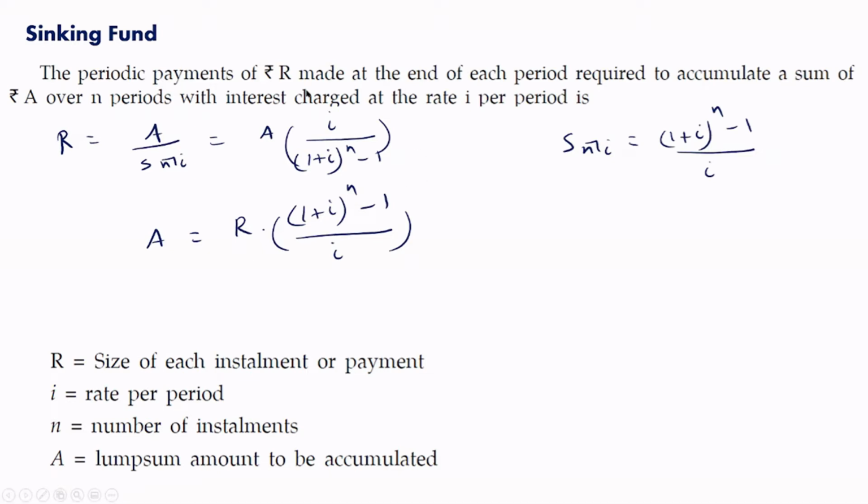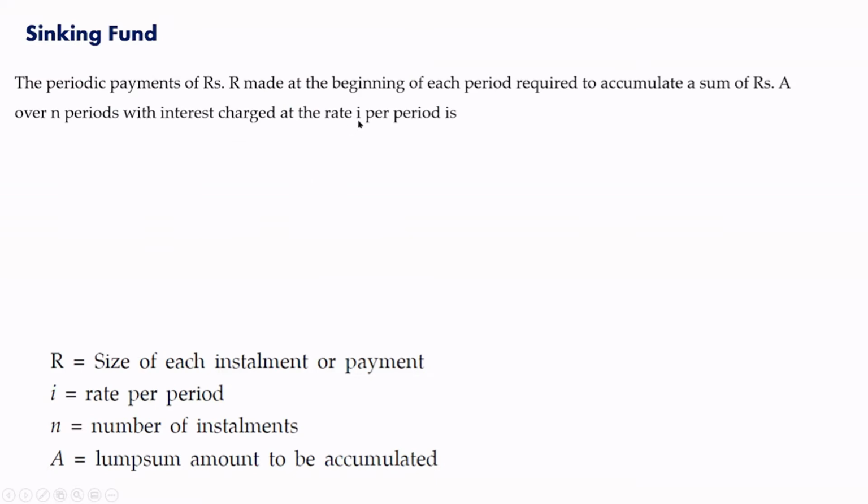Here we have to use this formula when the periodic payments are made at the end of each period. When the periodic payments are made at the beginning of each period, required to accumulate a sum of rupees A over n periods with interest charged at rate i per period, it is given by A is equal to R into S angle n plus 1 at i rate per period, minus 1.